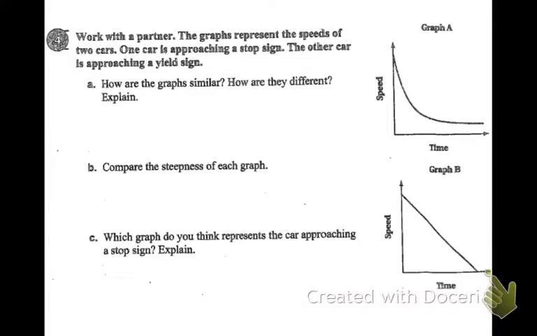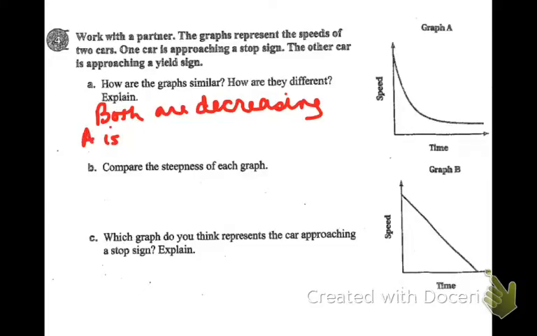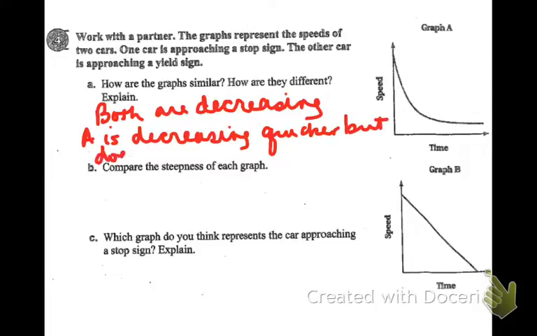These graphs represent speeds of two cars. One car is approaching a stop sign. The other car is approaching a yield. How are they similar? How are they different? Well, both are decreasing. A is decreasing quicker, but it doesn't stop.